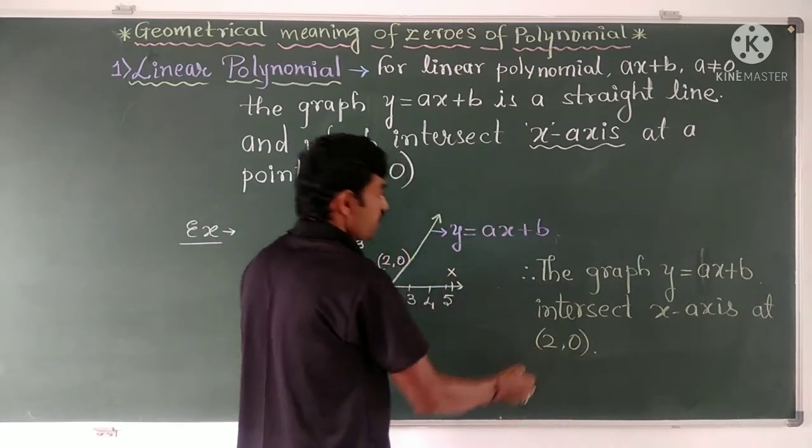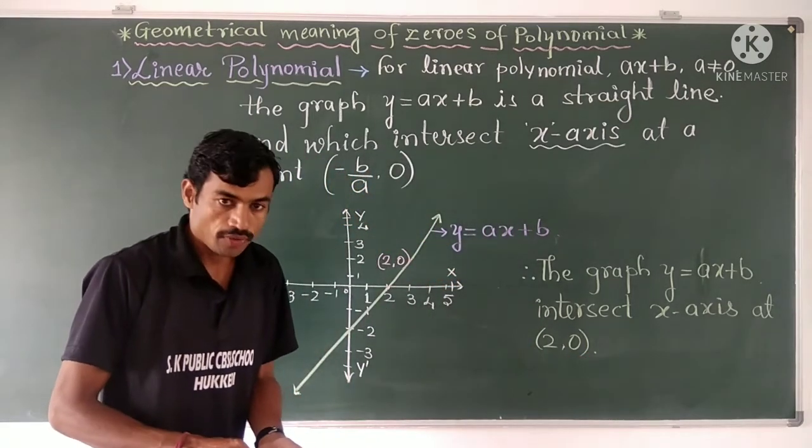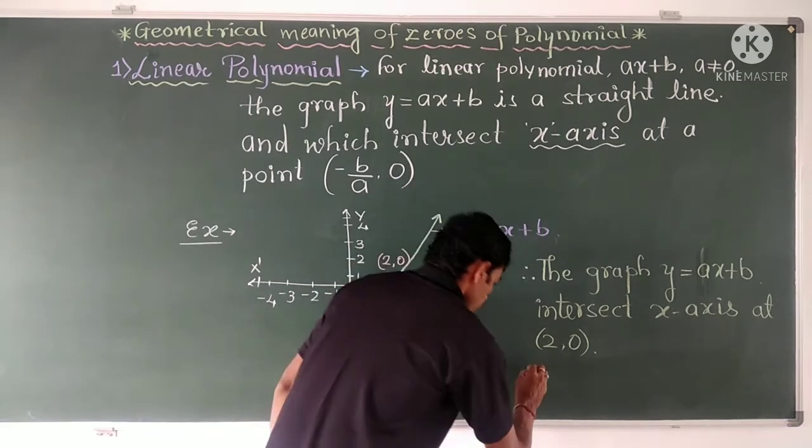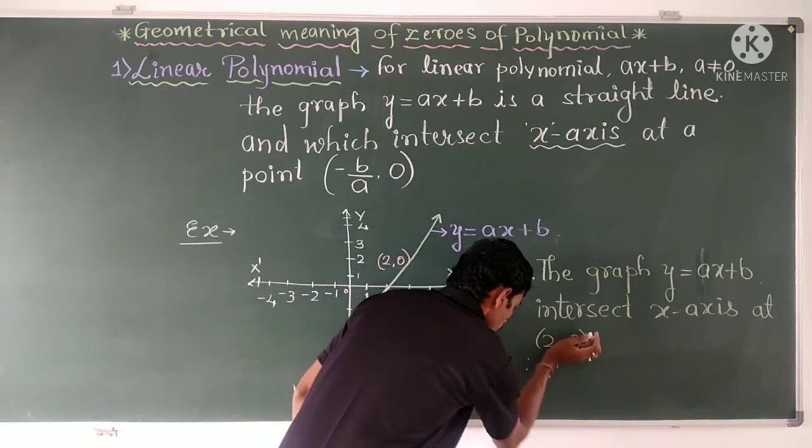This is what we call the zero of the given polynomial.